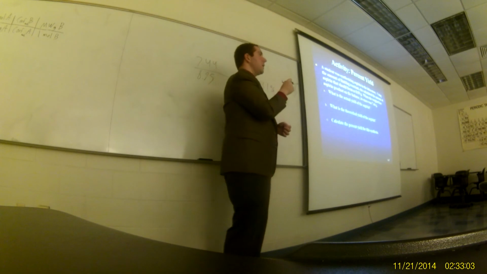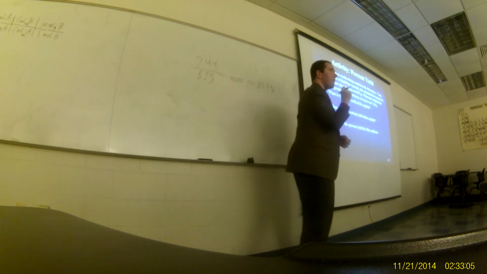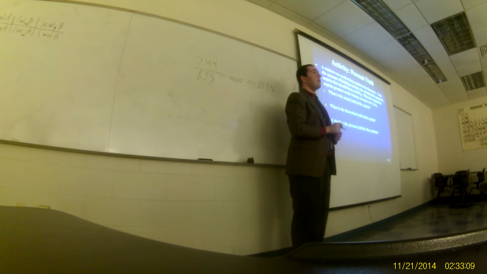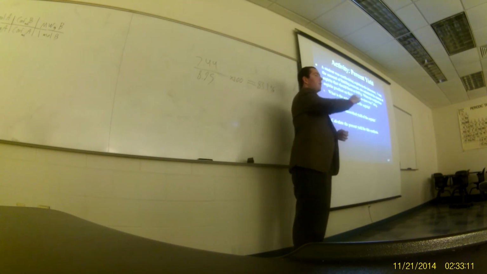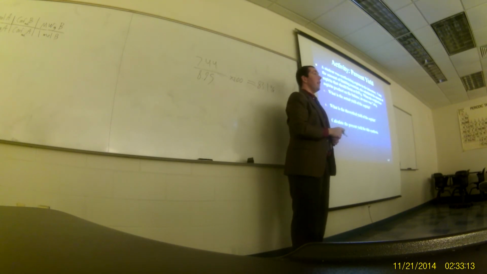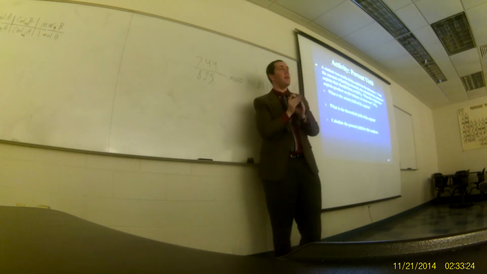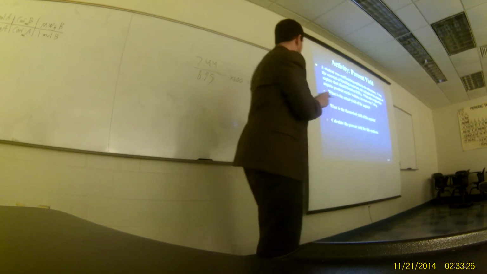I think it's Thursday. I would bet money that at least 3/4 of you will get more than 100%. And you're going to have to tell me why. Because if you get more than 100%, something has to be wrong. There is no way around it. Something has to be wrong. And you're going to have to tell me what is wrong.